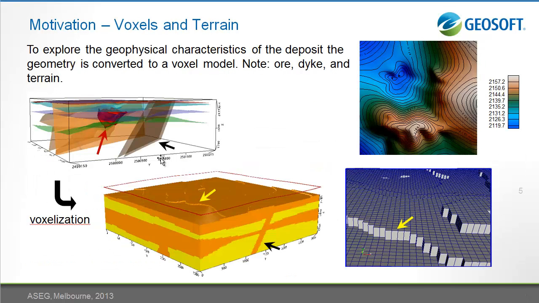Now, when we're doing geophysical inversion, modeling or inversion, we need to take our geologic model, which is usually defined in terms of surfaces, or for example, even the true Earth has a relatively smoothly varying terrain here, and we need to voxelize it, or turn it into a voxel model.